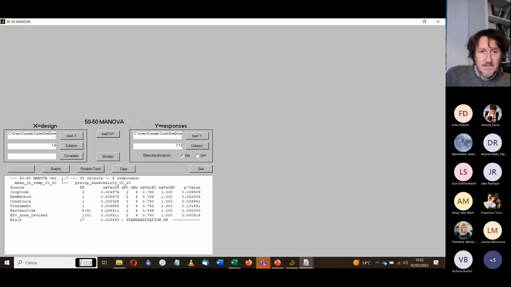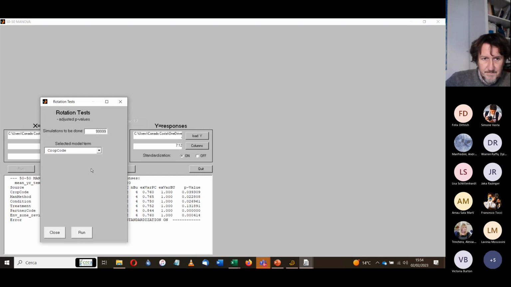The advantage of the 50-50 MANOVA is that you can also assess Y. So which variable, which is the contribution of each variable in case of significance. So for example, we would like to observe which variables are more important for the partner code significance. And this is done by a rotation test. So we click on rotation test.